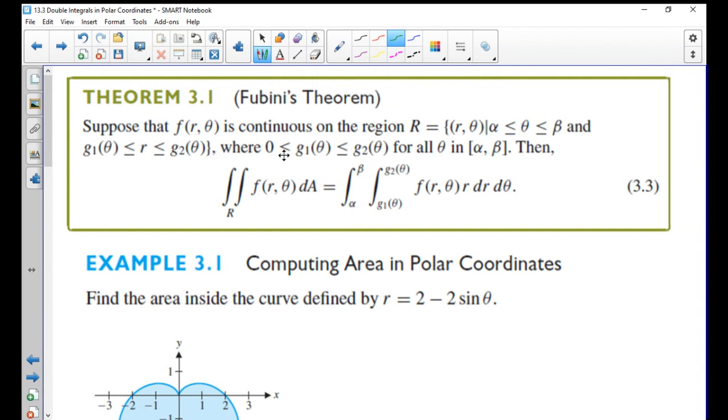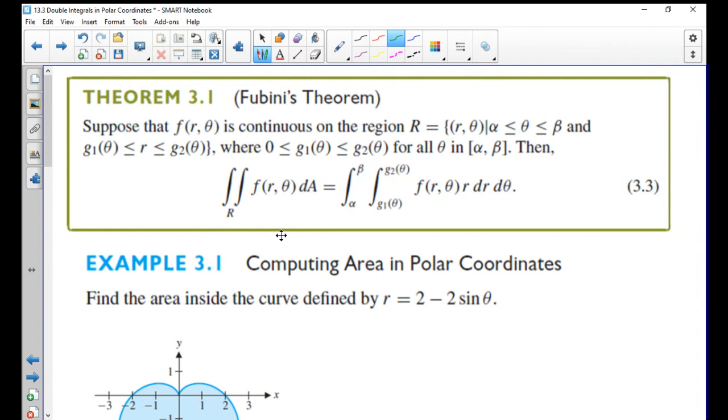Then you want the integral of the function f over r, so you integrate with respect to r from this to this, which was 0 to 2 before, and then whatever the result is, you integrate it with respect to theta from this angle to this angle.